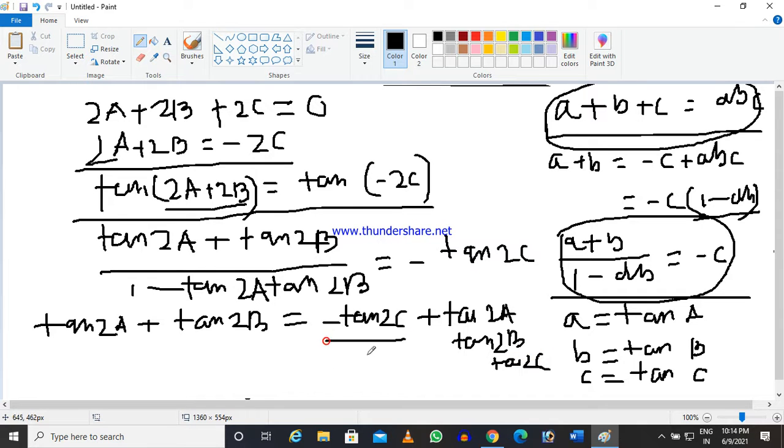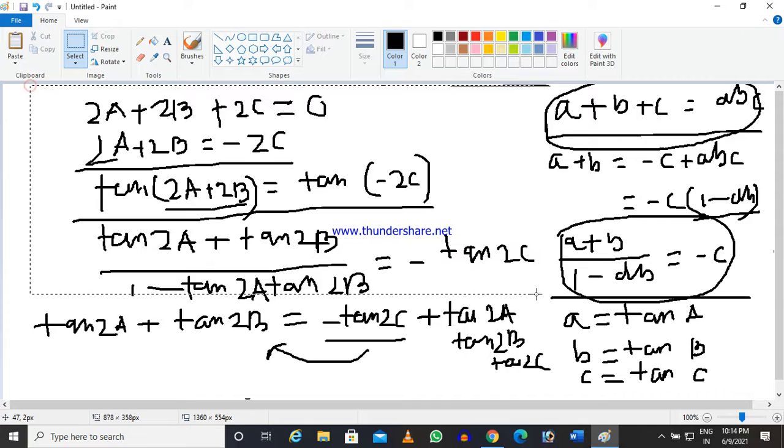Now if I take this term to this side, as it is minus, it will become plus.